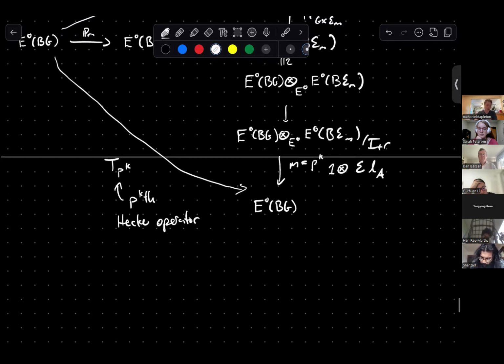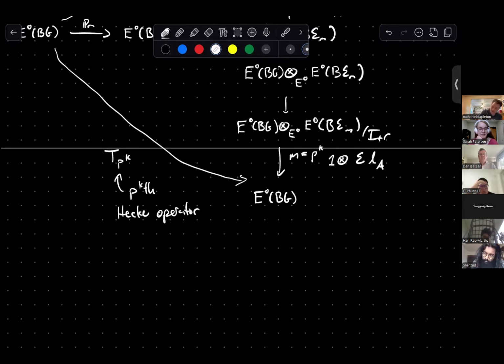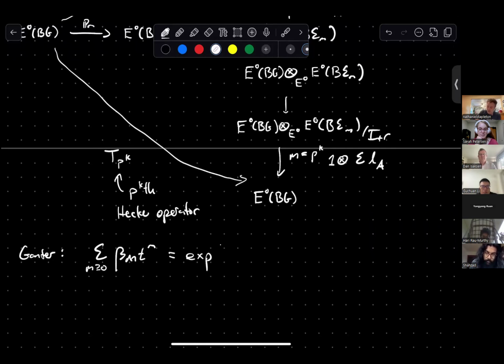I'm talking about this because there's a theorem, that's Ganter's thesis, that the sum over m greater than or equal to 0 of the beta m's t to the m is equal to x of the sum over k greater than or equal to 0 of T sub p to the k over p to the k of t to the p to the k.